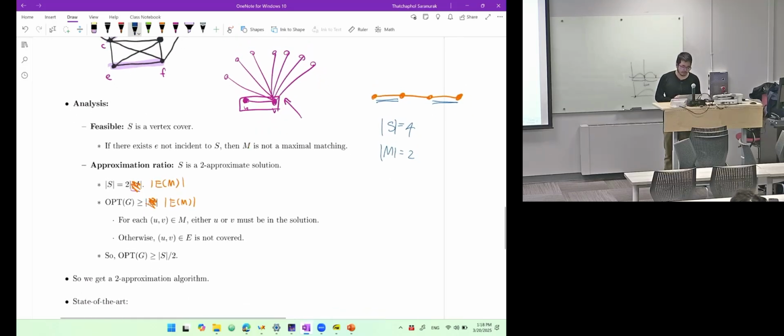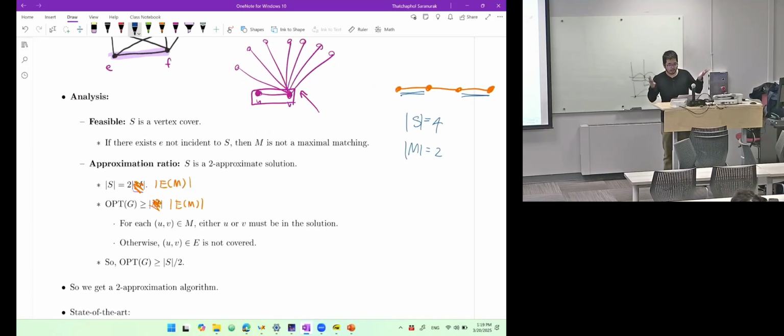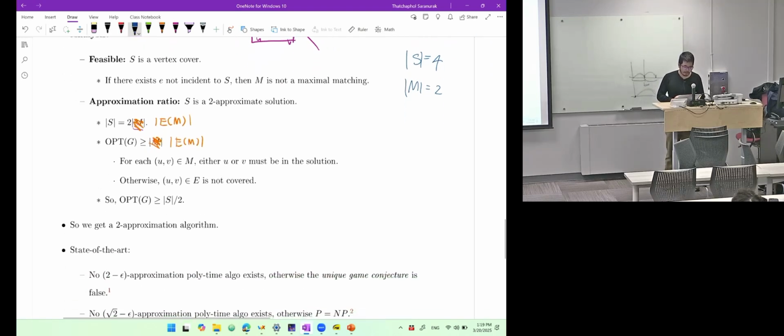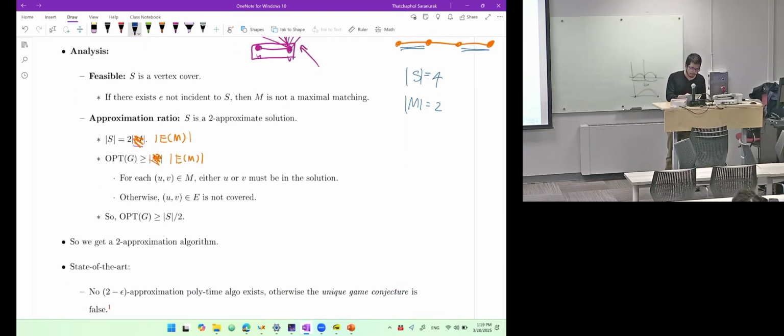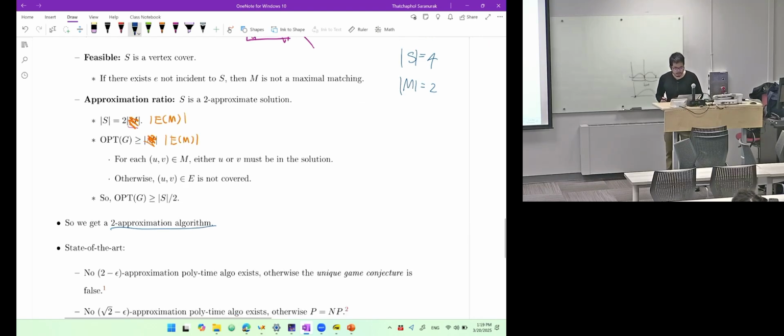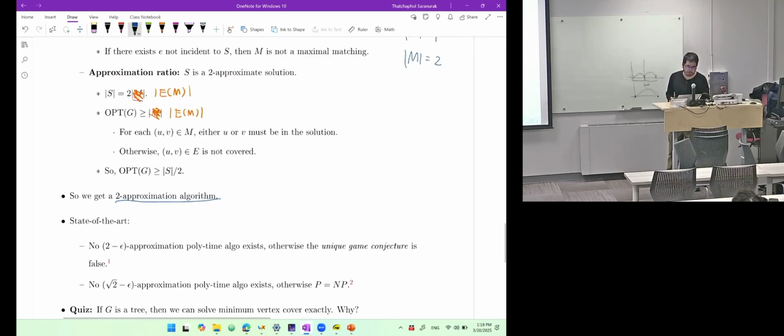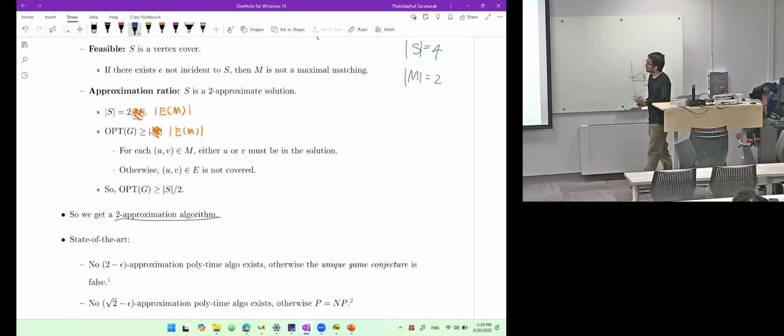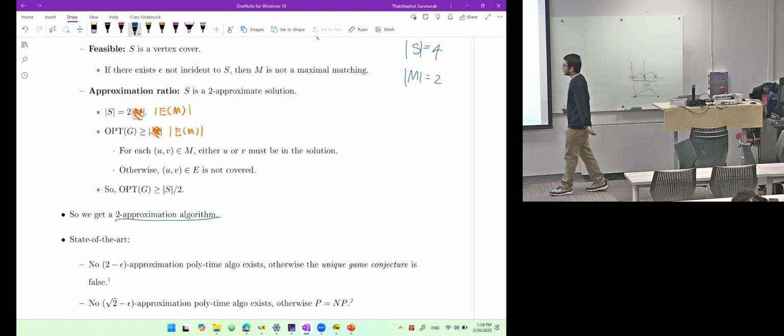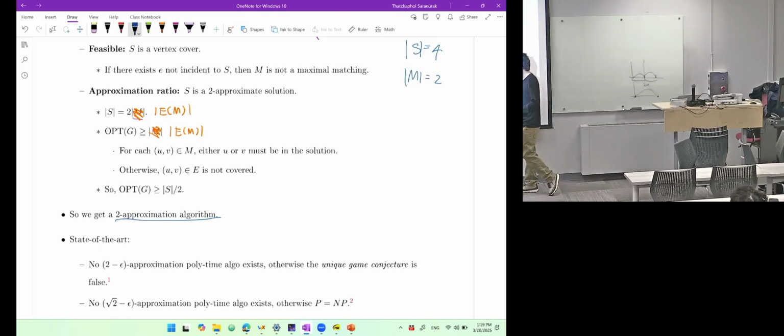So this is just an ad hoc approximation algorithm. This gives you a 2 approximation, but can we hope for better than 2? If you can do it, then you will disprove some conjecture. This conjecture is called the unique games conjecture, and no one really knows whether it's true or not.